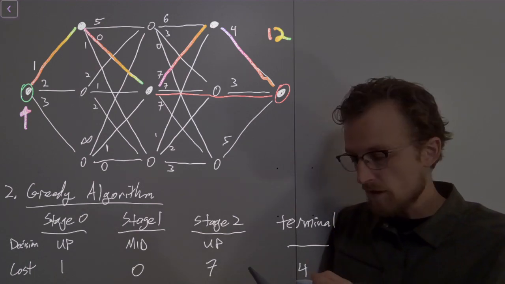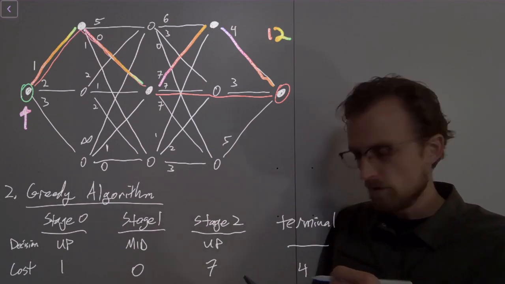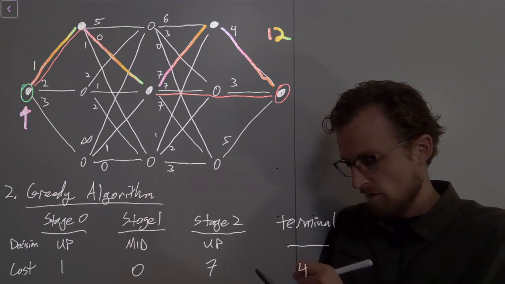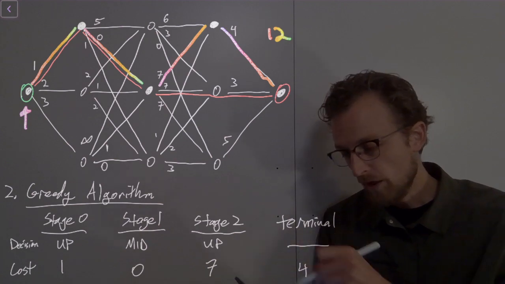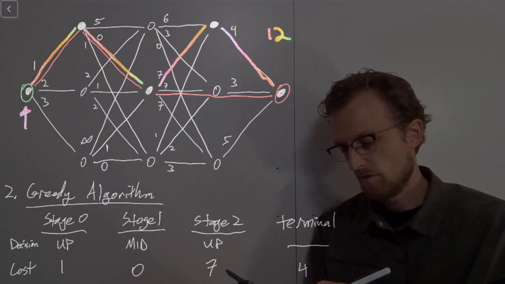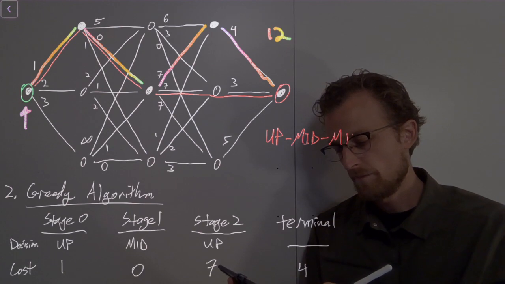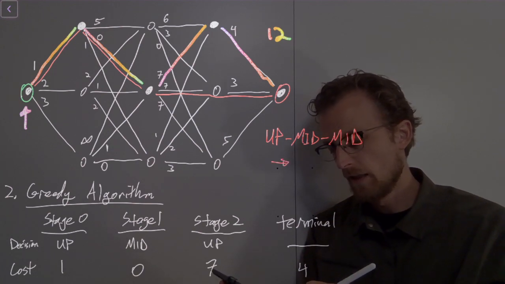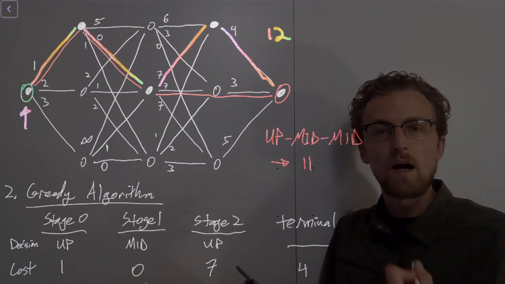So here's a path, this red path goes up here, down here, and then stays middle. You can't read that at all. Rewrite that in there. Okay, so it goes up, middle, and then middle, and that has a cost of 11 total, instead of the 12 that we got with the up, middle, up, okay?